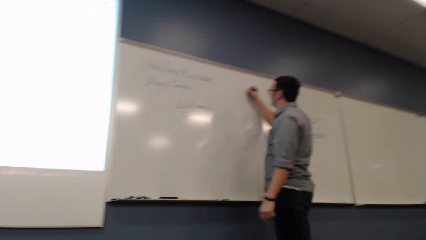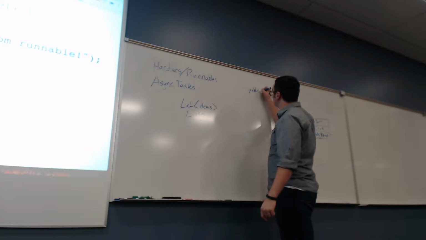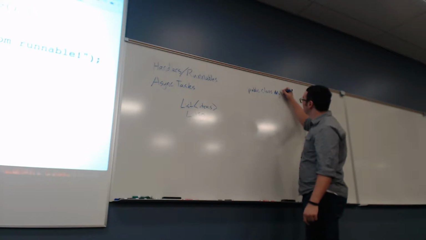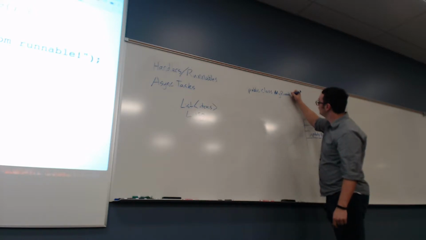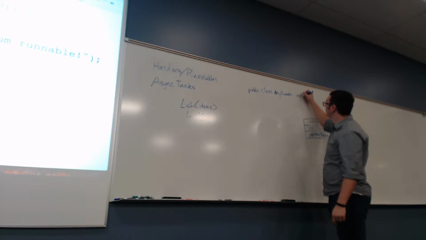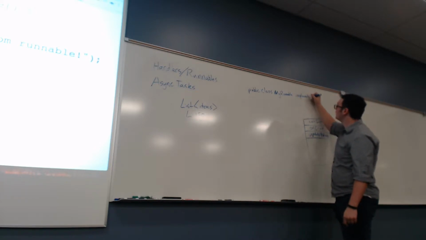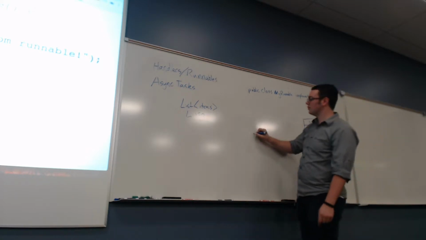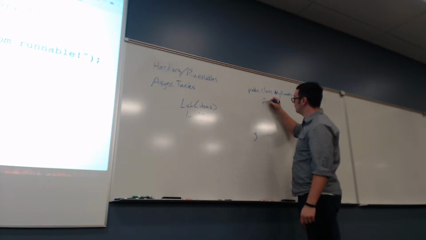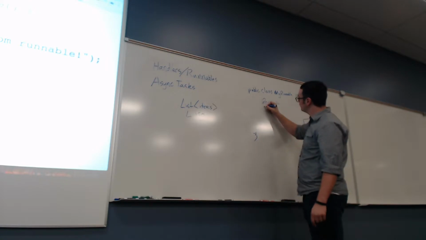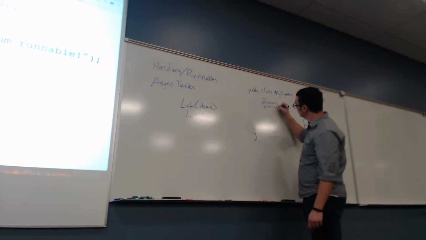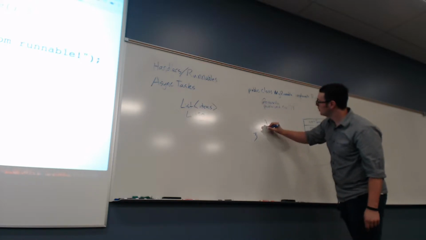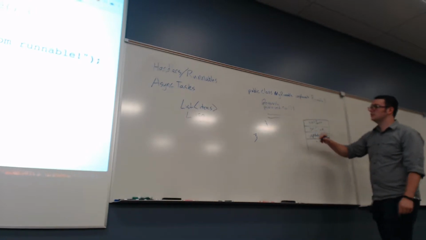If you have a public class my runnable implements Runnable, the only thing you'll have to implement is the override for run. And then all the things you need to do just go in your run function.